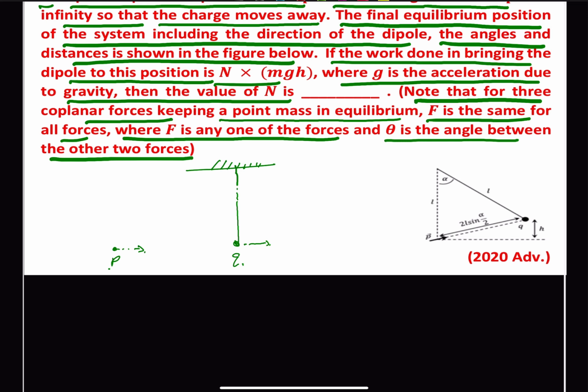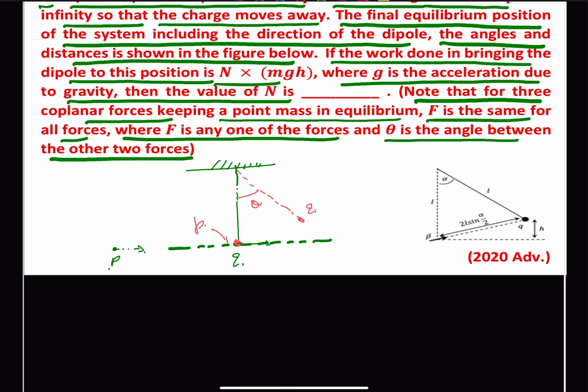So if this is our horizontal plane, the final position of the charge is given to us, and the dipole is here. The equilibrium position of this entire system is given, and this is the basic figure.